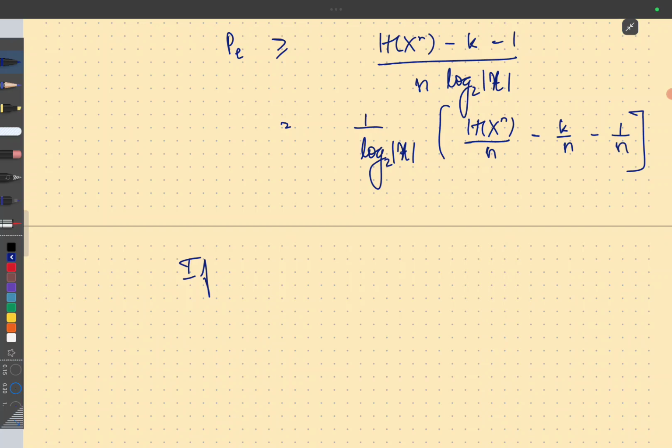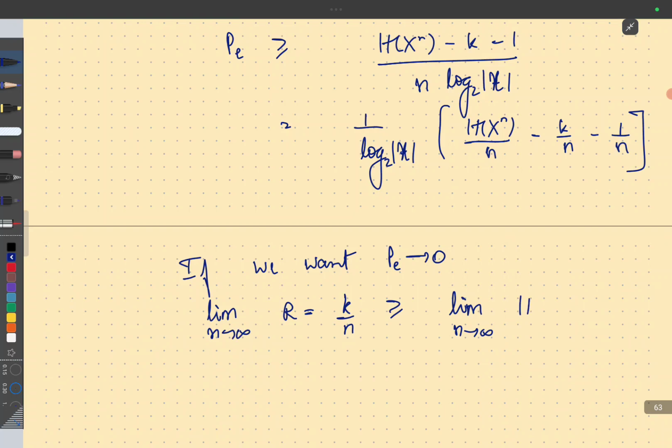So if we want the probability of error to go to 0, as maybe n tends to infinity, then we would require the rate, which is k over n, to be greater than or equal to the entropy rate of the source.